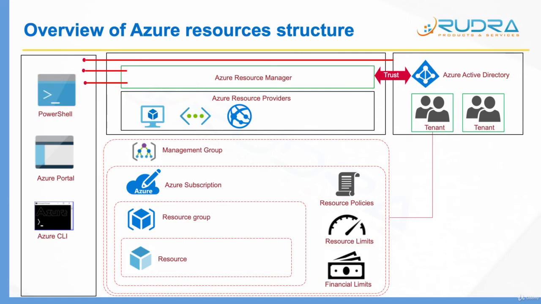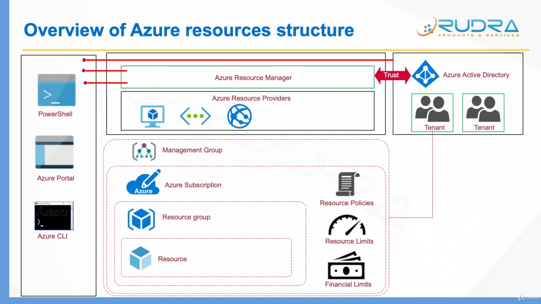When Azure Resource Manager gets a request through the Azure portal or PowerShell, the first thing it checks is whether it is a valid user or not. The second thing is whether the user has the authorization level to deploy or manage that resource. Okay, so this is how Azure resources are organized, and also how the access check happens in Azure.